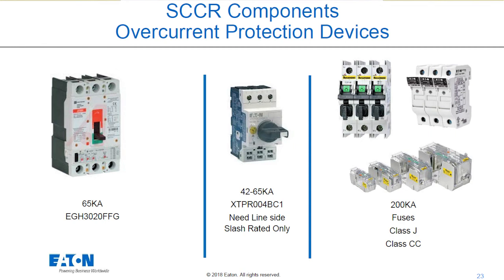What would be the alternative if I have a Delta system? So if you have a Delta system, you can turn a slash rated component into a full rated component by fusing it first. So you basically add an extra level of fuses. Now you can do it in a couple ways. You could make it a group motor.